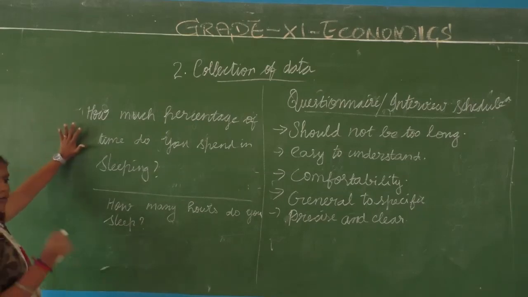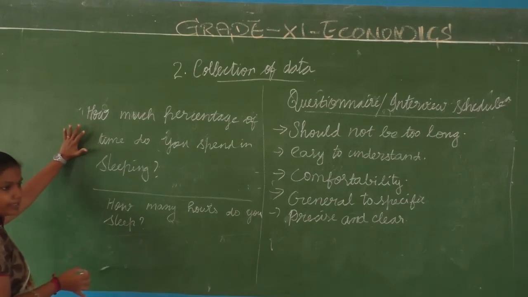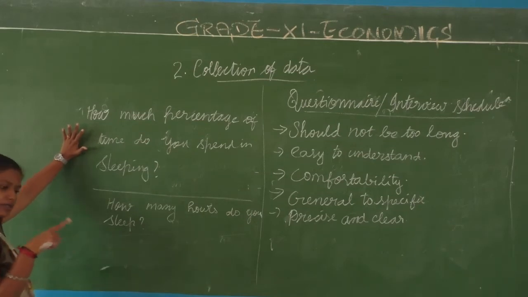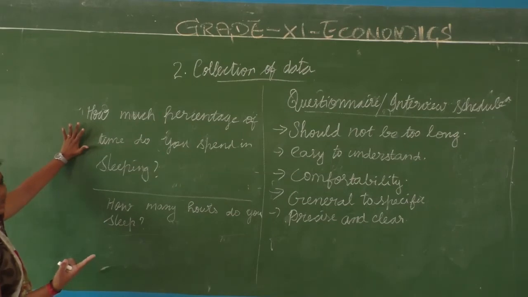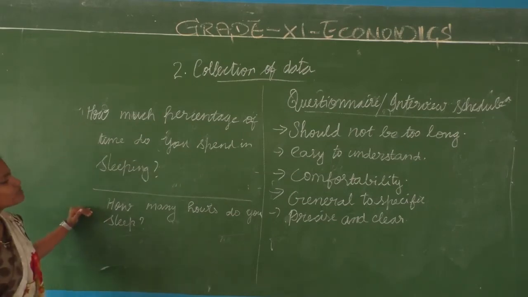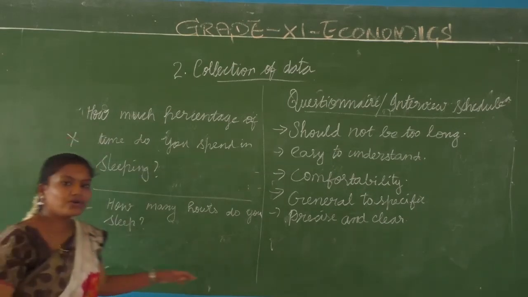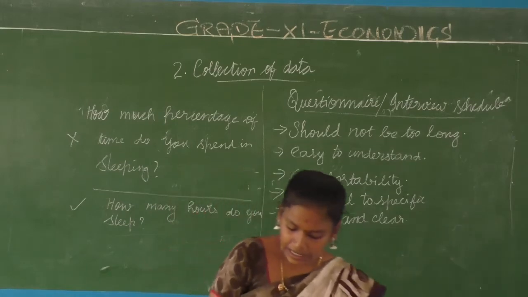I am asking how much percentage of time do you spend in a day sleeping, which means you have to sit and calculate. If 24 hours, and I sleep 8 hours, how much percentage will come? It's not easy to understand, right? So if you ask how many hours do you sleep in a day? 8 hours. Simple answer. So this is advisable and this is not. Your questionnaire should be precise and clear.